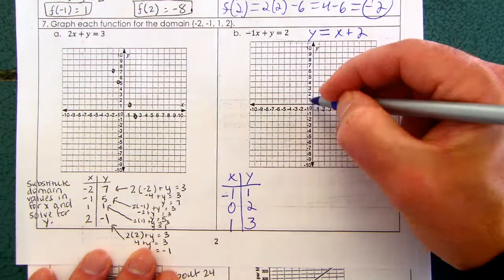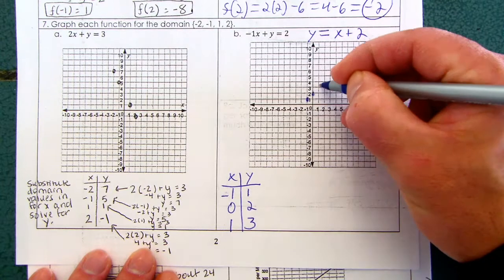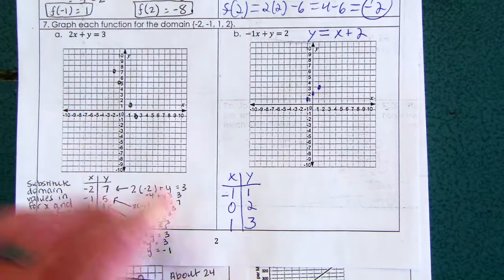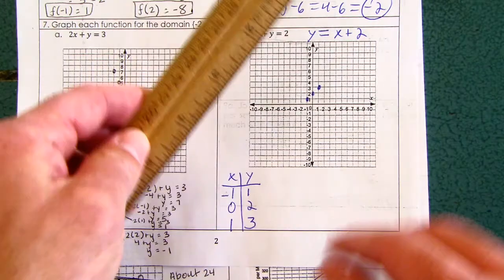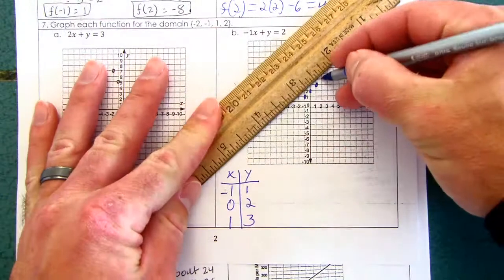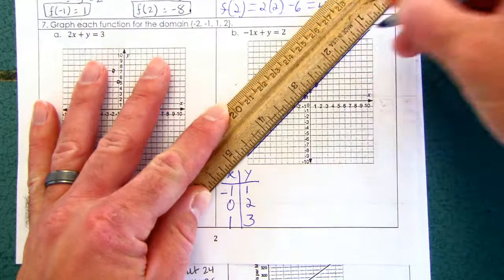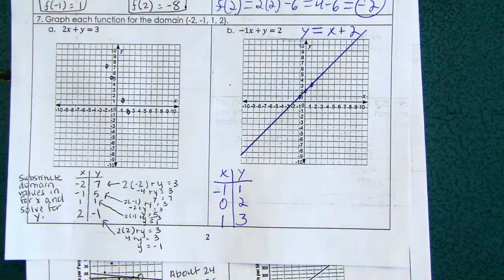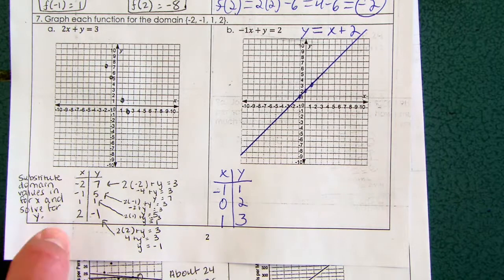So we got (-1, 1), (0, 2), and then (1, 3). And there's our line. Again, these x values, you can pick anything you want. I would always pick, like -1, 0, 1, 2, 3, smaller numbers there.